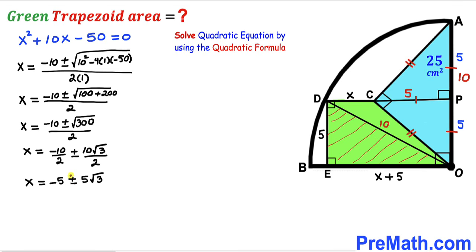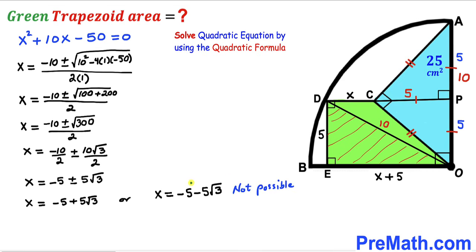And now we are going to split these positive and negative signs. So therefore x could be written as negative 5 plus 5 times square root of 3, and the other value is going to be x equal to negative 5 minus 5 times square root of 3.